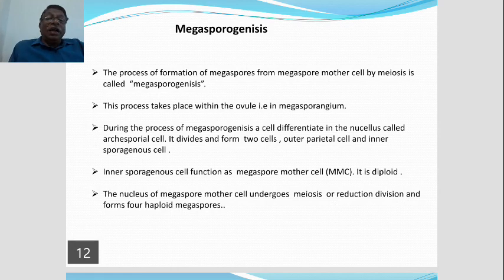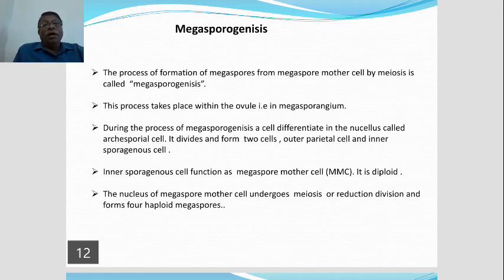The inner cell is called sporogenous cell. Outer parietal cell forms the outer protective layer. The inner sporogenous cell functions as megaspore mother cell.